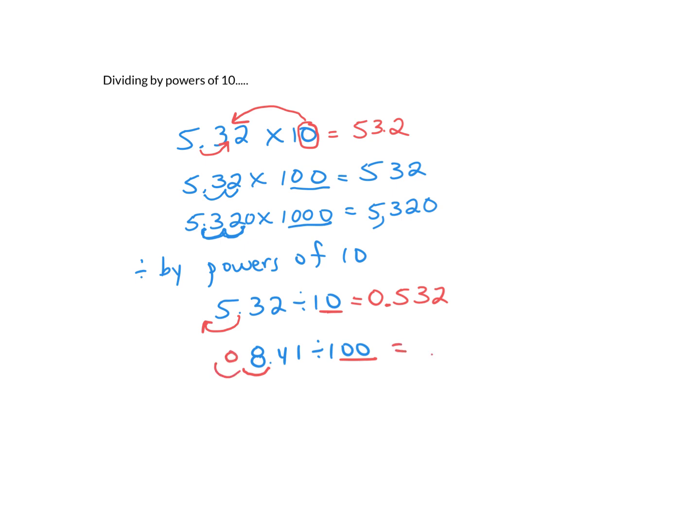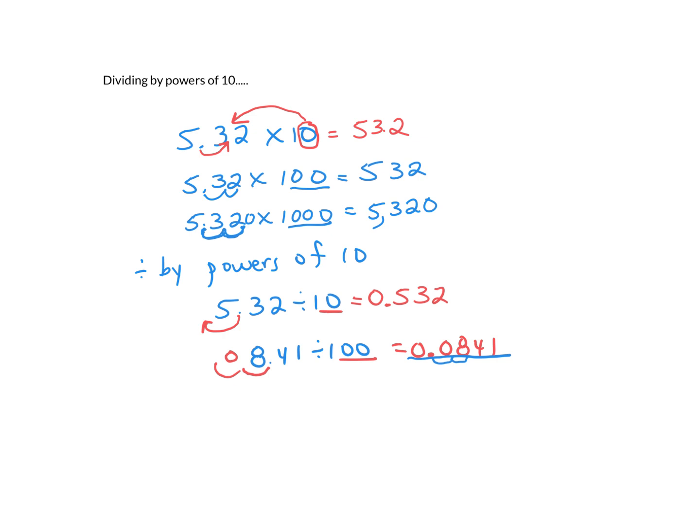So I get a final answer of 0.0841. And once again, I might want to put a 0 in front of that decimal point. Remember, the decimal point in the original problem was between the 8 and the 4. I moved it 2 spots to the left to put it as 0.0841.